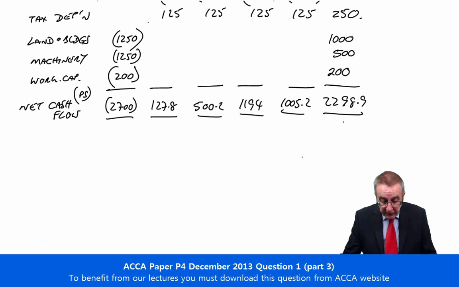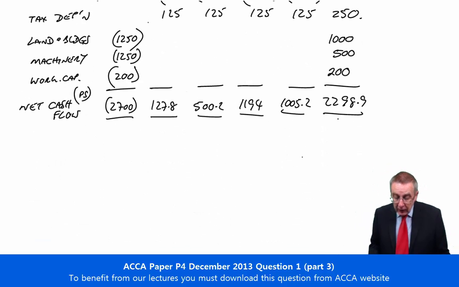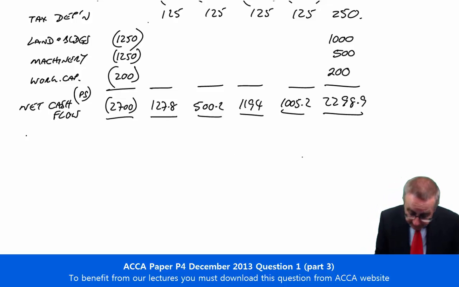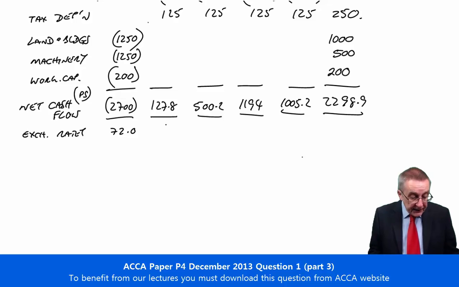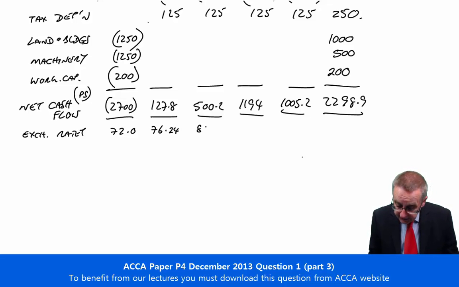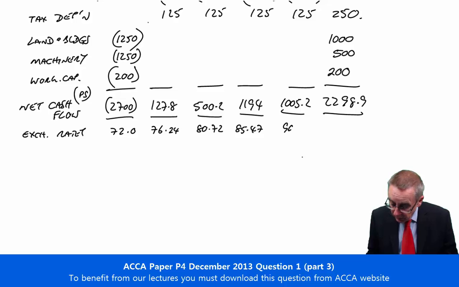I made a note of those exchange rates to save me going up and down the screen. The spot rate now is 72, and the future years are 76.24, 80.72, 85.47, 90.5, 95.82.